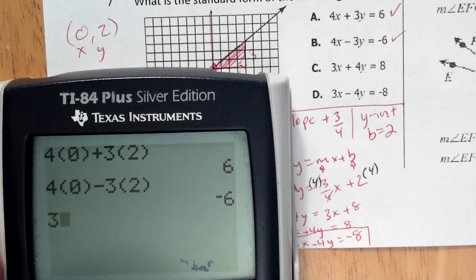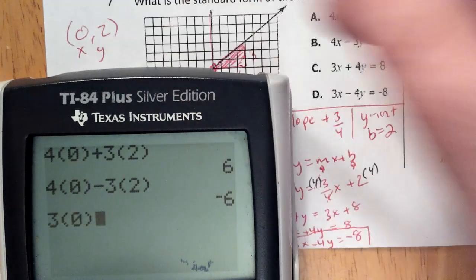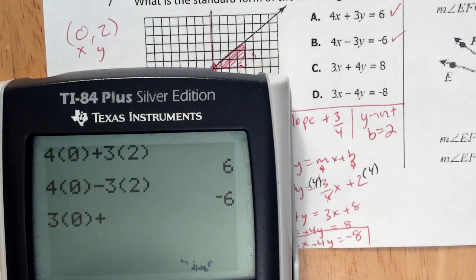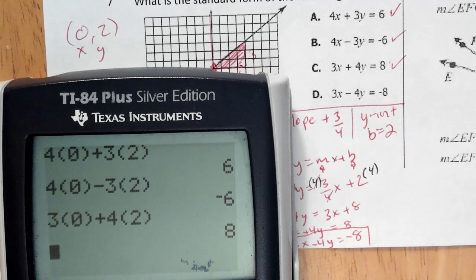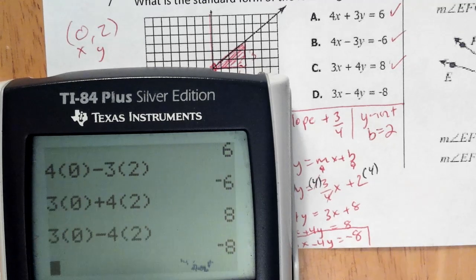What about 3 times 0 plus 4 times 2? That's still a possibility. Oh no, this is not helping at all, is it? 3 times 0 minus 4 times 2. Okay, so right now the point that I picked ended up not helping anything.